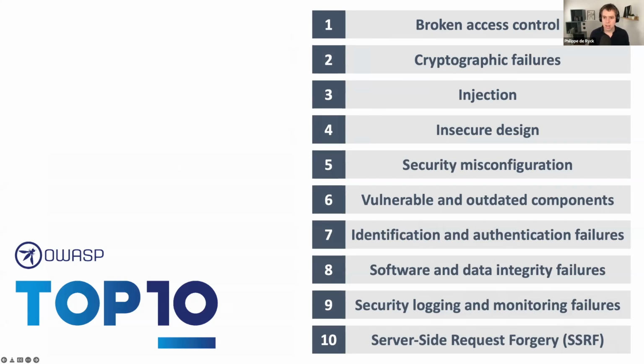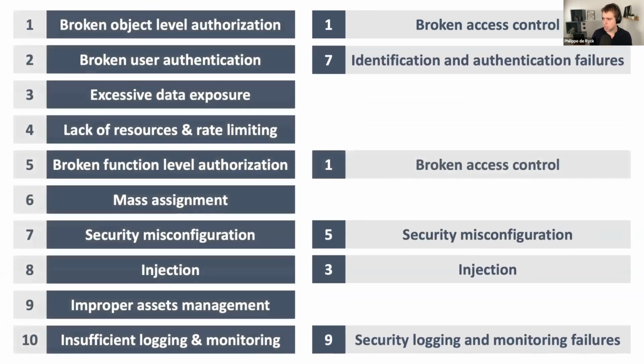I've done some mixing and matching, mapping the API security top 10 to the normal OWASP top 10, if you want to call it normal. And you can see that there's a whole bunch of things overlapping. And I don't think that has changed. And I think the security principles that we have been teaching for decades, whether we're succeeding in that or not, I'm going to leave that in the middle for now, still apply to APIs, absolutely.